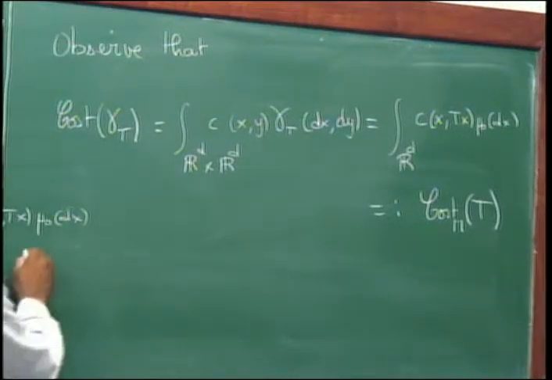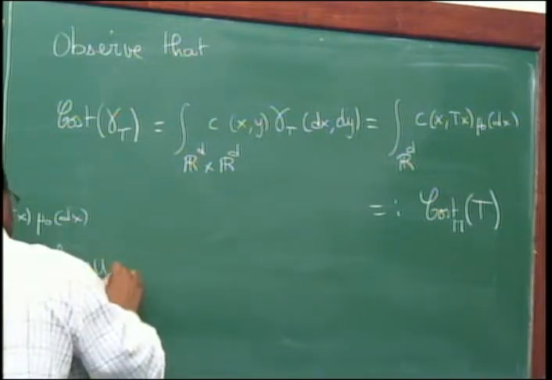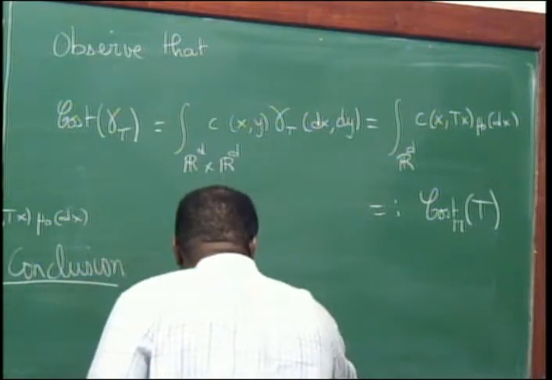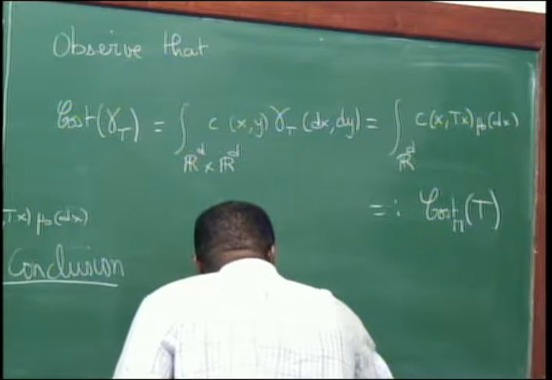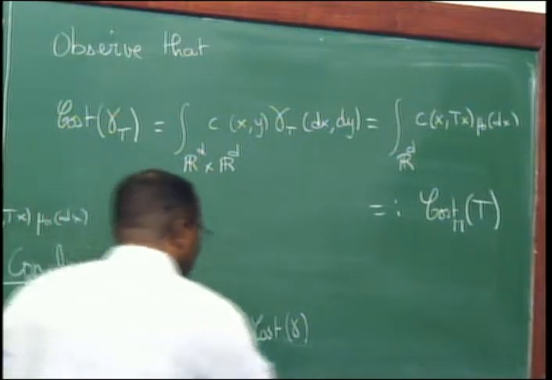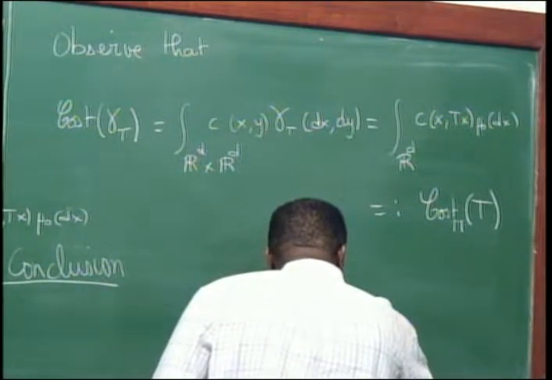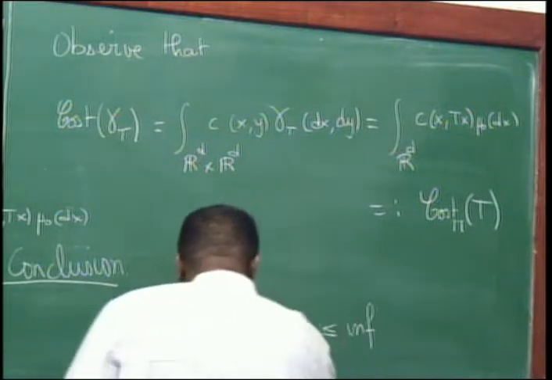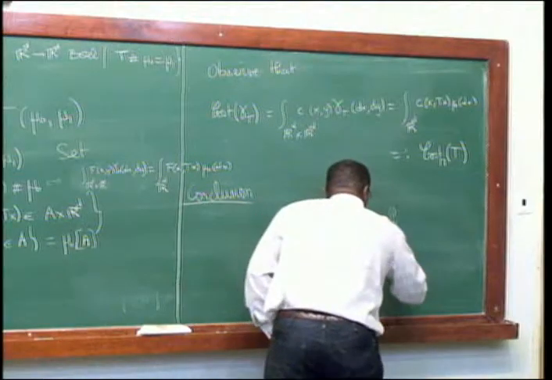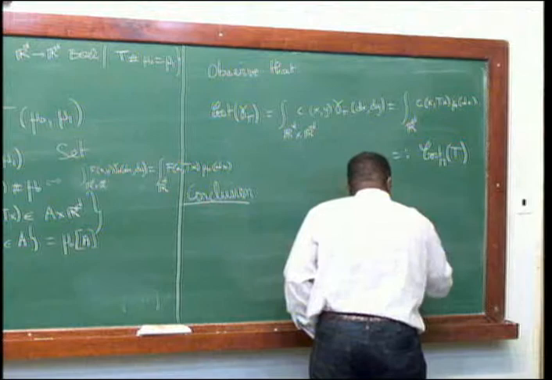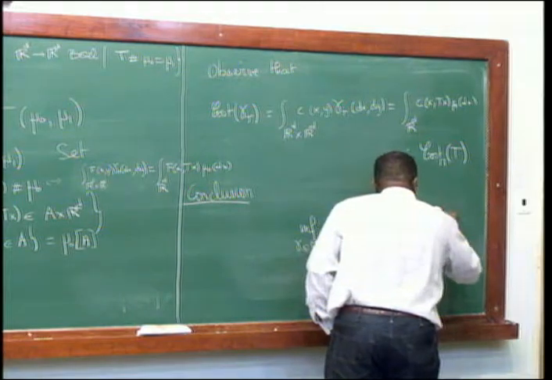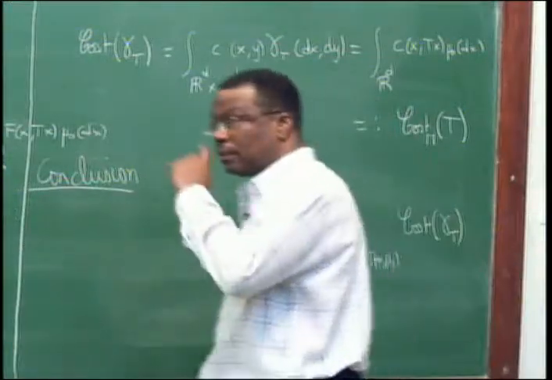So here is the conclusion. When I minimize over the Kantorovich cost, over gamma, this is less than or equal to minimizing over the set of T which push mu naught forward to mu 1, the cost gamma_T.